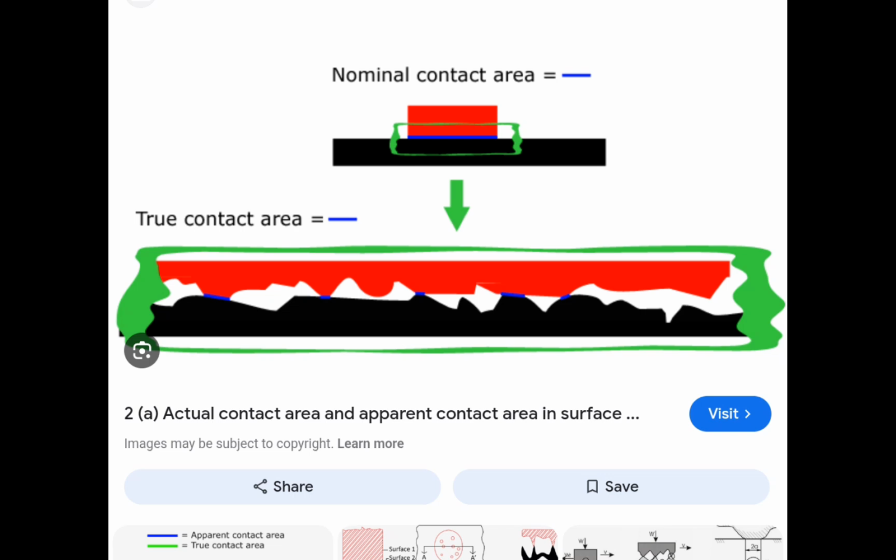In the first, they are showing nominal contact area. This blue line, red color, blue color and black color. In the second picture, surface area. Just observe the blue color. This picture is trying to explain to us about contact surface area. Okay friends?